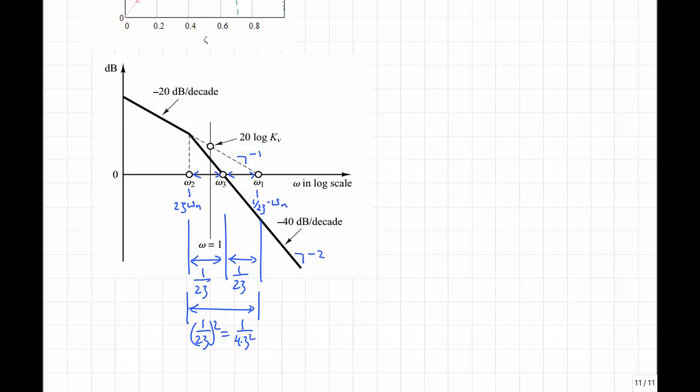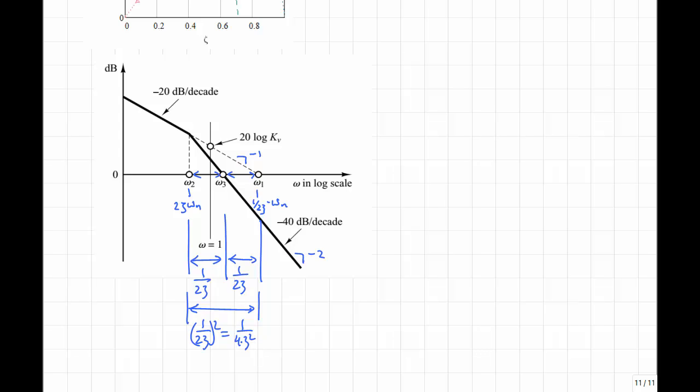So this could be useful when we're trying to extract zeta from a magnitude plot. In many cases, it'll turn out to be impractical to get a solid value of zeta by simply looking at the magnitude plot. And that leads to our final topic, which is going to be related to phase margin. So we'll look at the phase of the open loop transfer function rather than simply the magnitude.